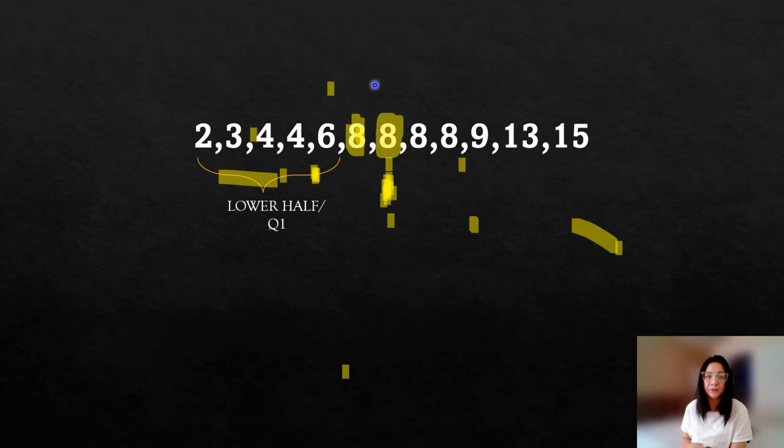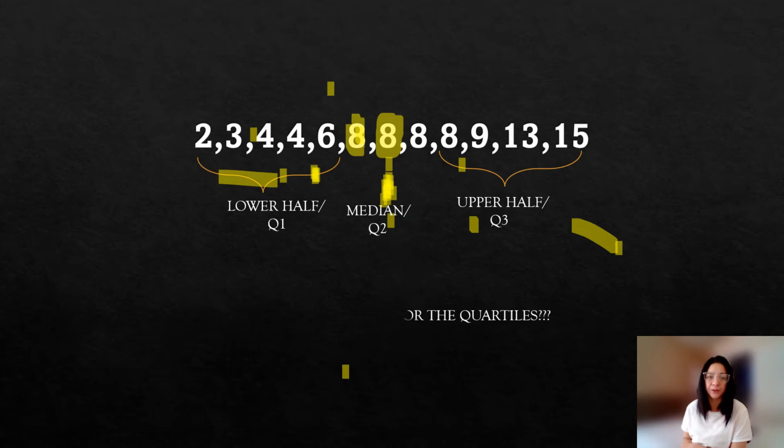We are going to divide it into 4. So being that this is Q1, our upper half would be our Q3, which is sometimes called the 75th percentile, right? And we have our median. Obviously, these two eights. Later on, we will discuss how to get the median or Q2.